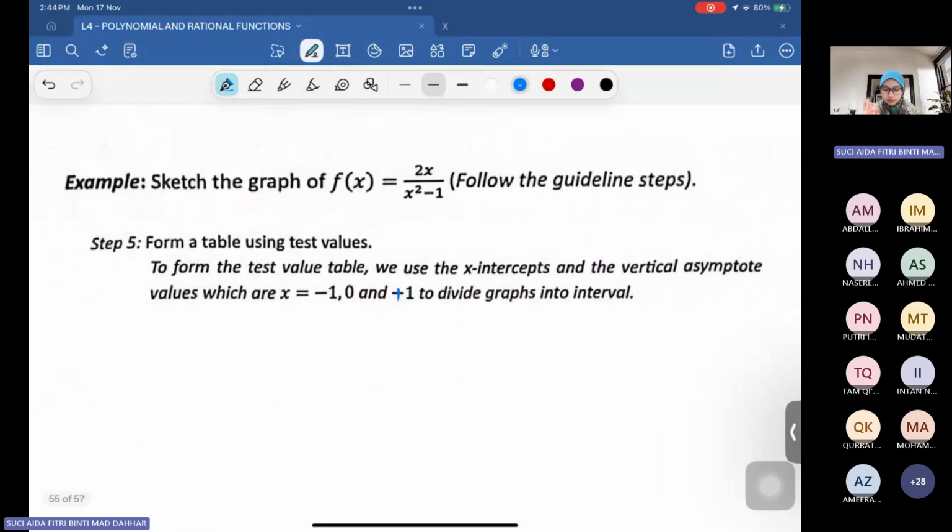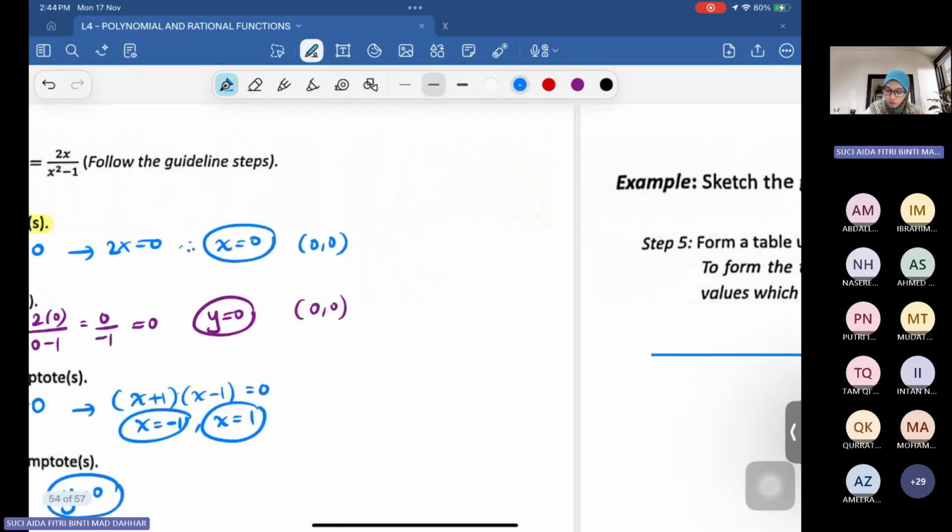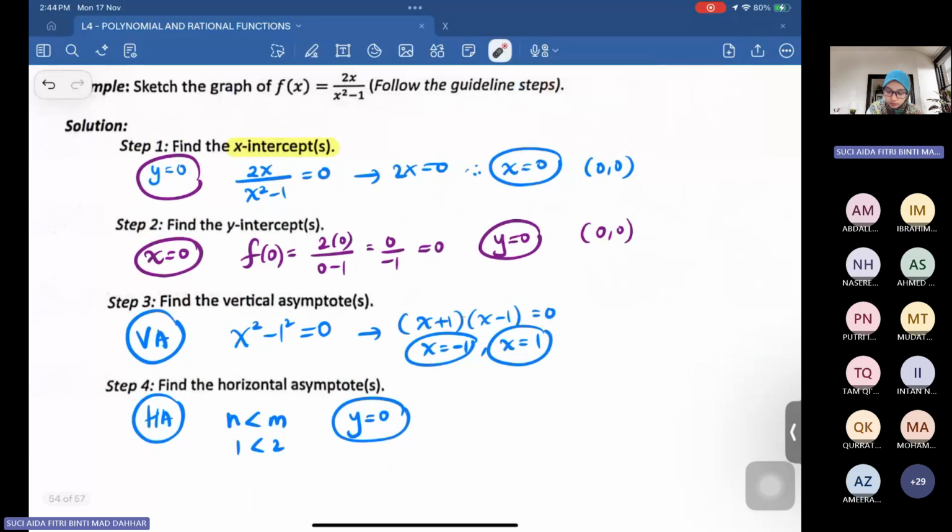Next, we need to form a table using test values. I am using a number line. So this is our number line, the x-axis. You have to divide your x-axis into several partitions. This partition is determined by your vertical asymptotes.